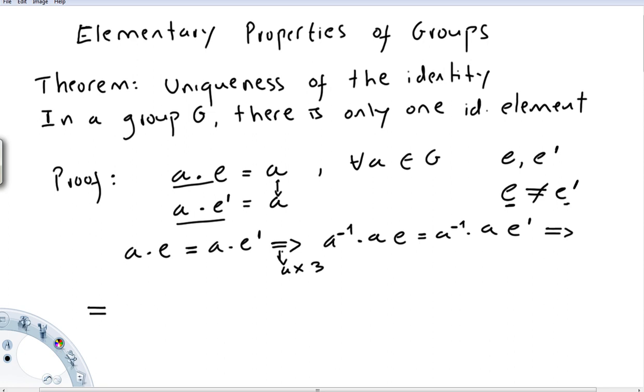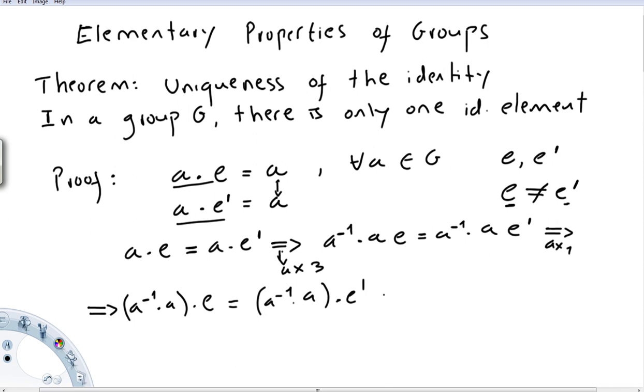Now by axiom 1, since we are in a group, it's associative, so we are going to associate: A inverse times A times E equals A inverse times A times E prime.